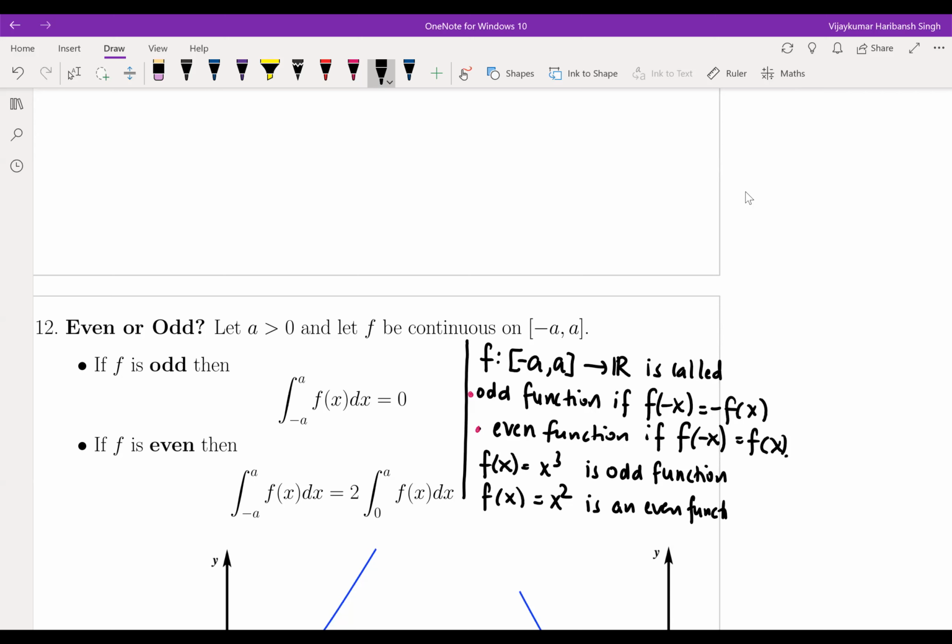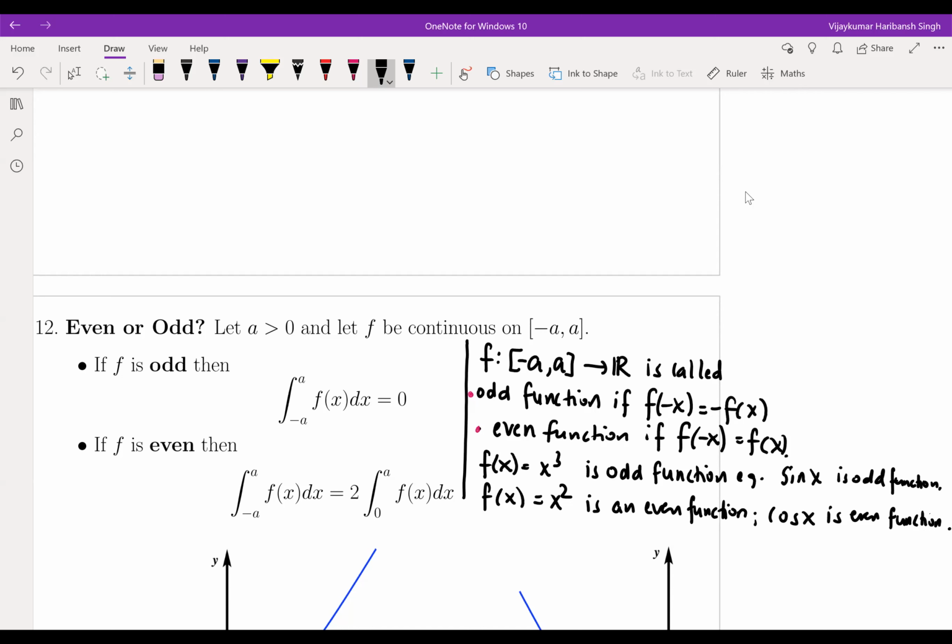However, there are many other functions which do not look like powers of x. Another example is sine of x, which is an odd function. Similarly, cosine x is an even function.